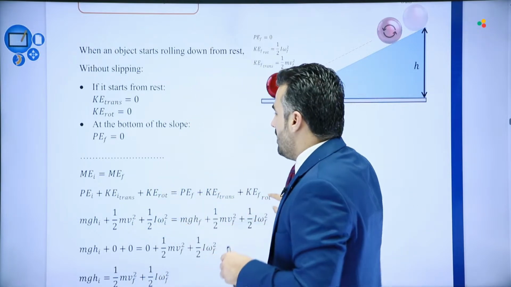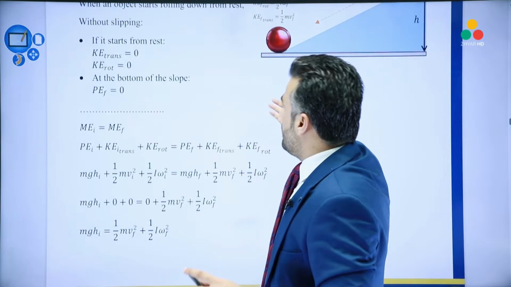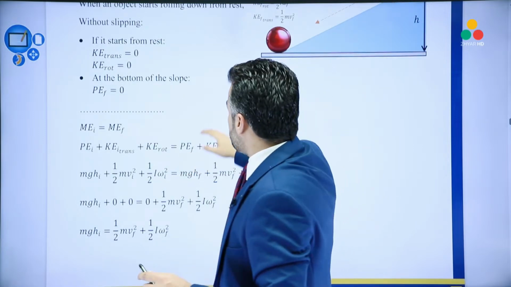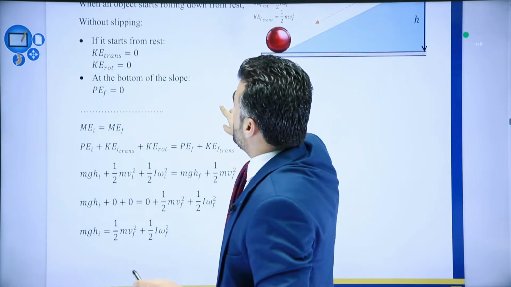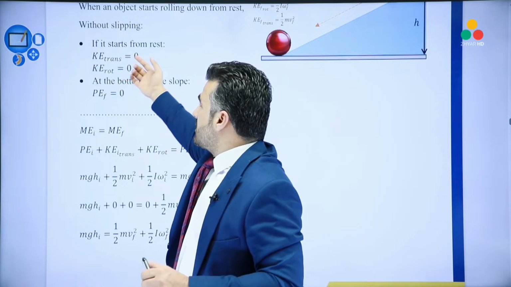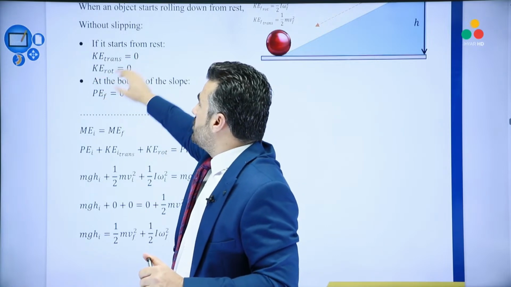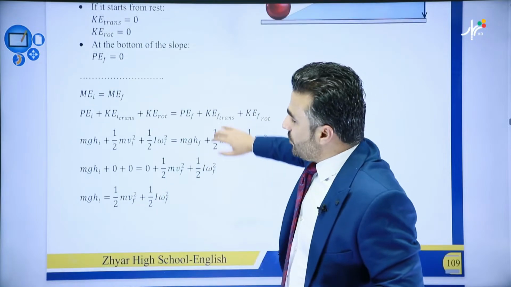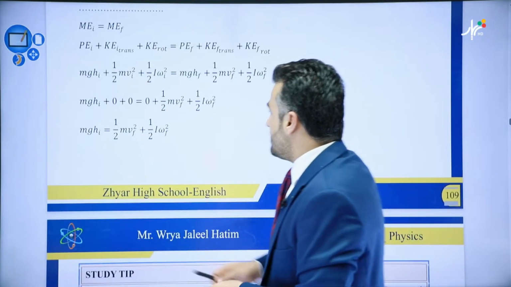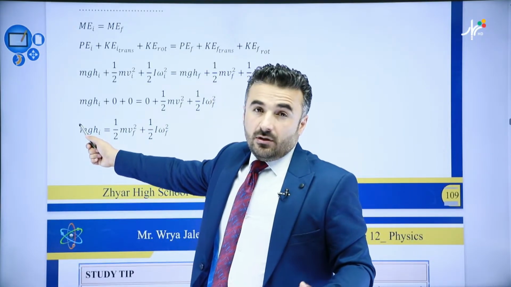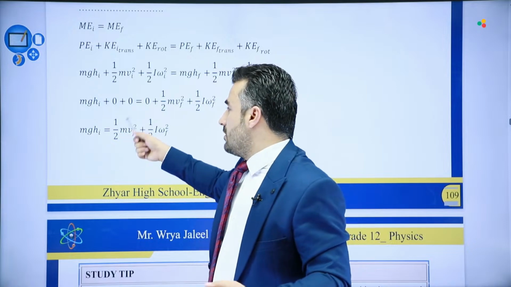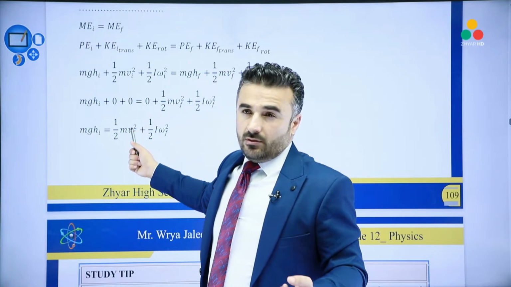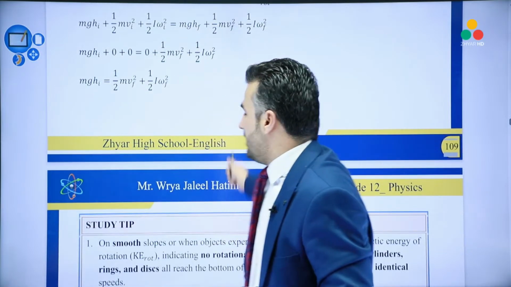I'll explain this better in a second. If it starts at rest, the translational and rotational kinetic energy are 0, and at the bottom the potential energy is 0. At the end, initial potential energy equals the final translational kinetic and rotational kinetic energy.